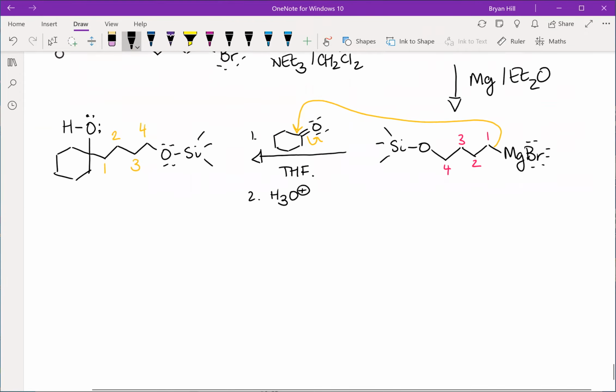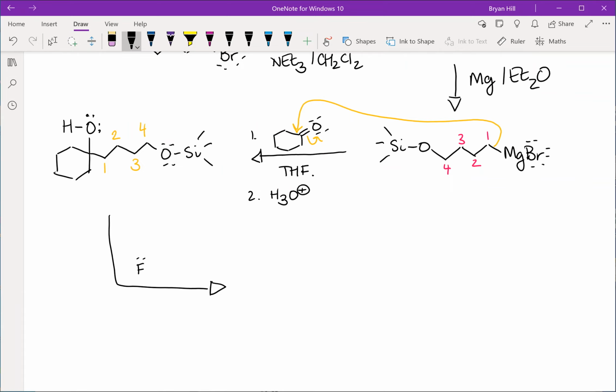And then the last step would be that we would react this with our fluoride. And our final product would look like this.